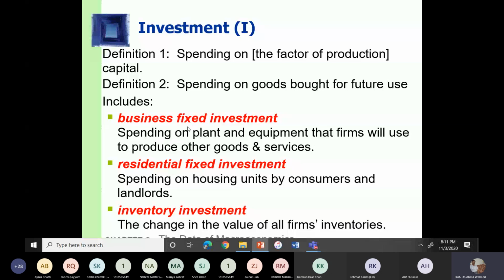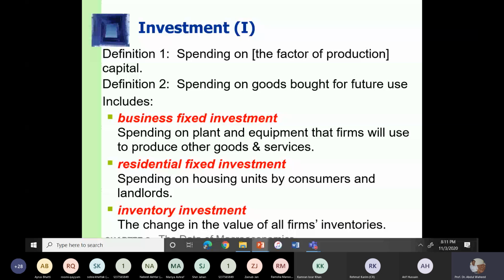Here, you are spending to produce goods and services. To produce goods and services, you have to make expenditure on plant and equipment.